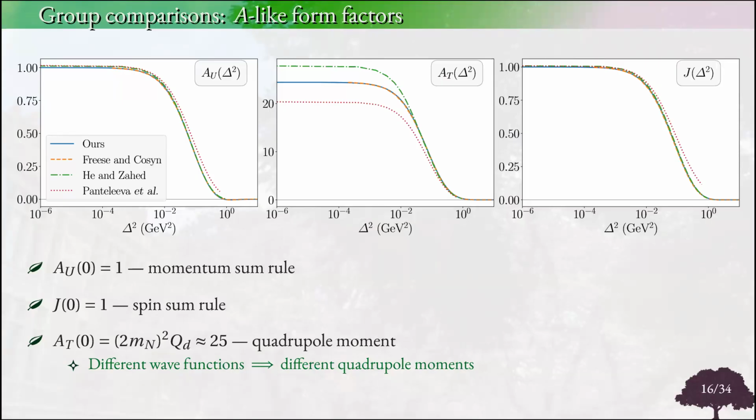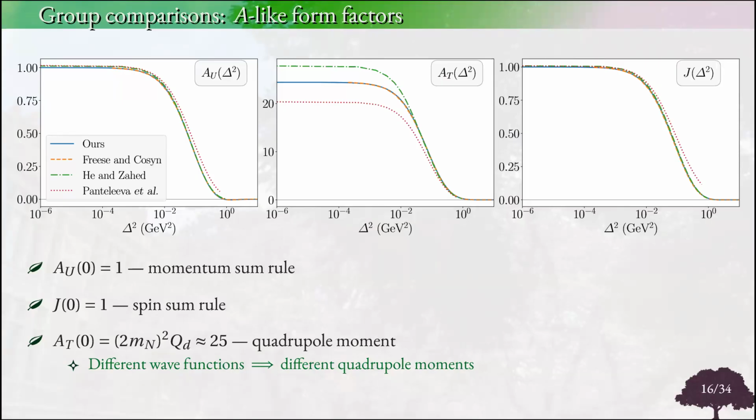And then this A_T actually has an interesting forward limit too. When you evaluate it at zero momentum transfer, it's proportional to the quadrupole moment of the deuteron, hence why it's so big. Now, the first thing you might notice is that these results seem to disagree, but the results in a certain sense actually agree with each other. The thing is that the different groups use different deuteron wave functions. Wim, Alan, and I use the AV18 wave function.